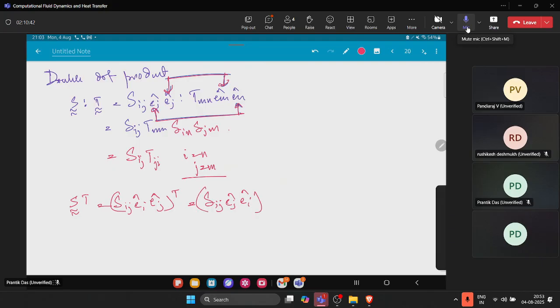So this is basically the transpose of a tensor. What it does is it swaps the location of the two unit vectors in a diagram. So e_j cap comes in the direction of e_i cap and e_i cap comes in the direction of e_j cap. That is basically called the transpose of a tensor.